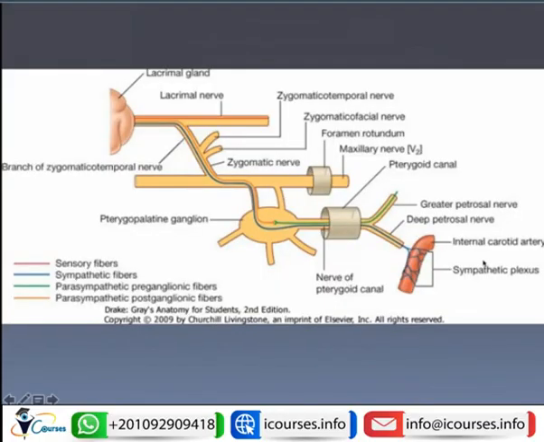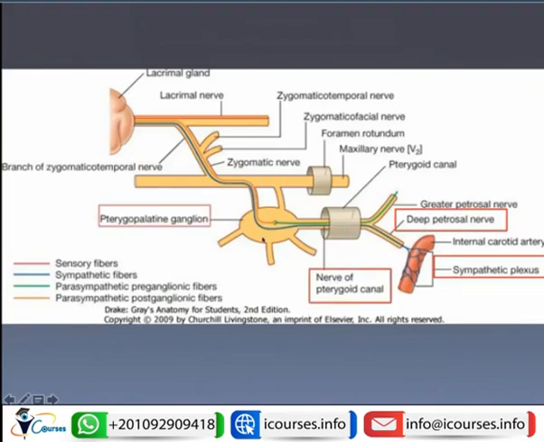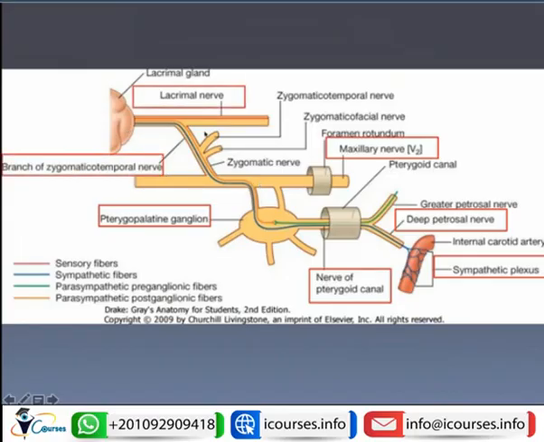So the sympathetic fibers, from the sympathetic plexus coming from the superior cervical sympathetic ganglion, will join the internal carotid artery, then the deep petrosal nerve, then the nerve of pterygoid canal, then pass with the pterygopalatine ganglion but without relay, to join the maxillary nerve, then the zygomaticotemporal nerve and the lacrimal nerve, and finally the lacrimal gland.